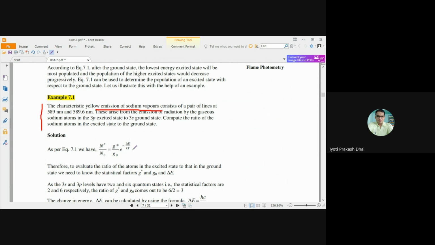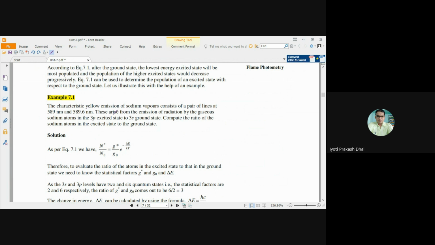Here it is given that the sample contains sodium atoms in vapor phase and that will undergo yellow emission, that means emission of electromagnetic radiation in the visible region with yellow color. The characteristic yellow emission of sodium vapor contains a pair of lines at 589 nanometer and 589.6 nanometer.